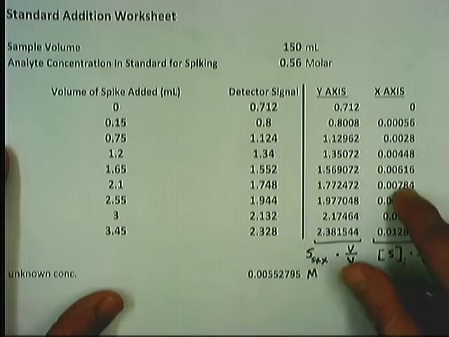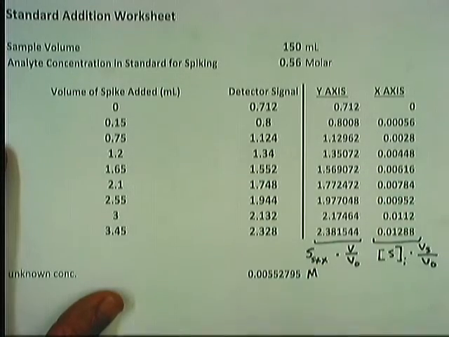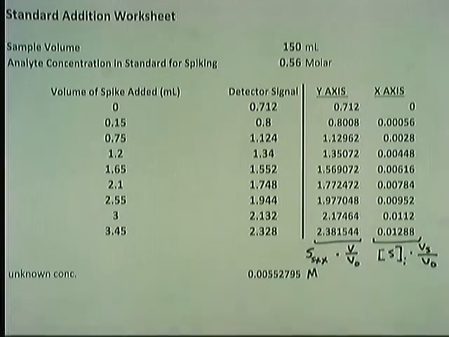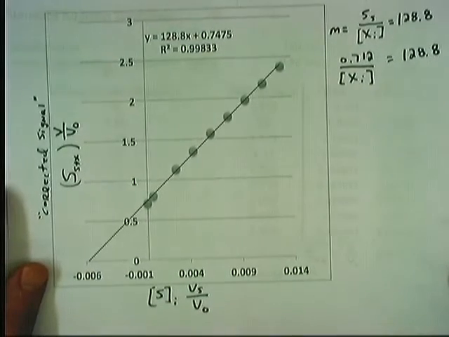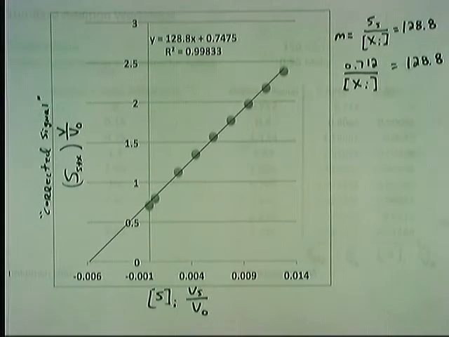Now this is my X and my Y variable. I can take those numbers and I can make a plot on a Cartesian coordinate system that looks like this. Again, my X is this product of this volume ratio and my initial concentration in my spike solution.